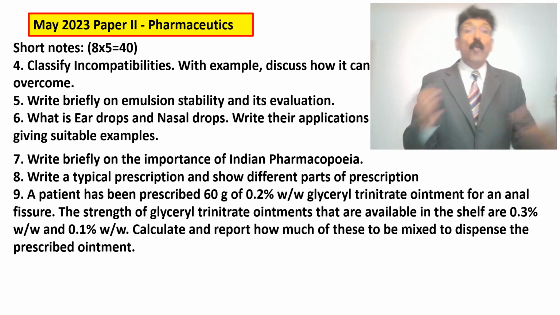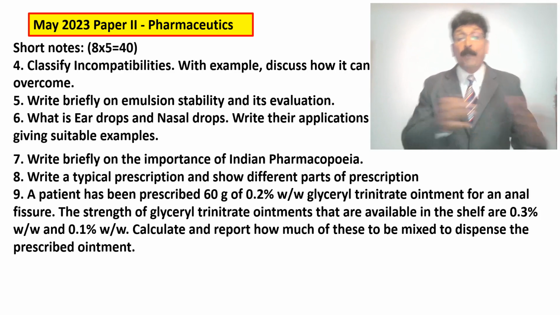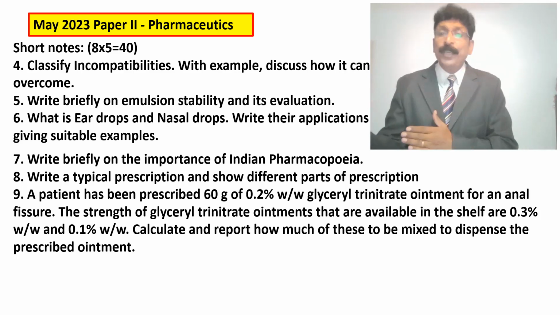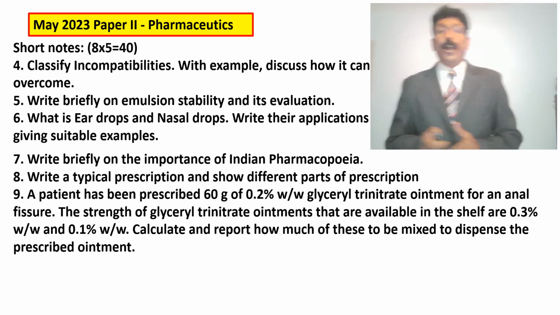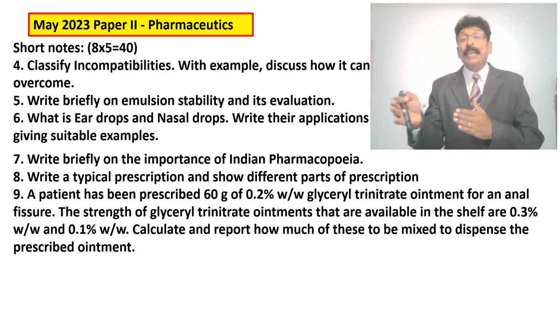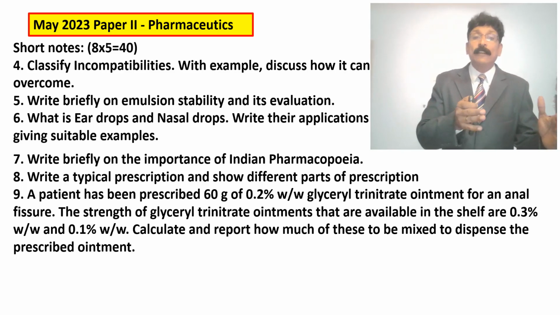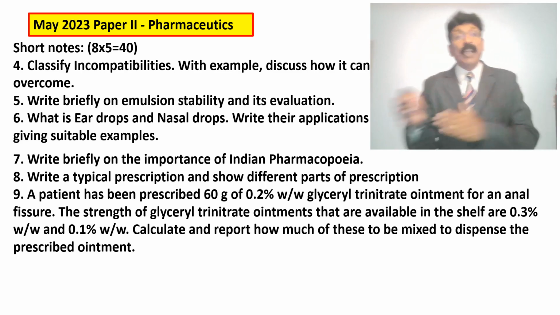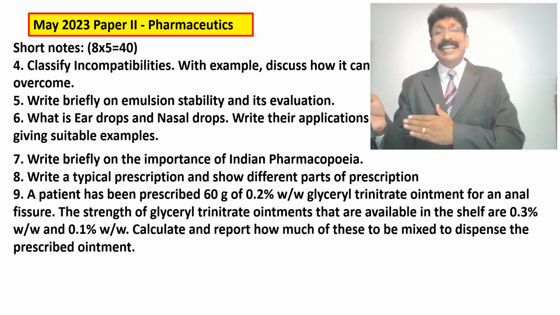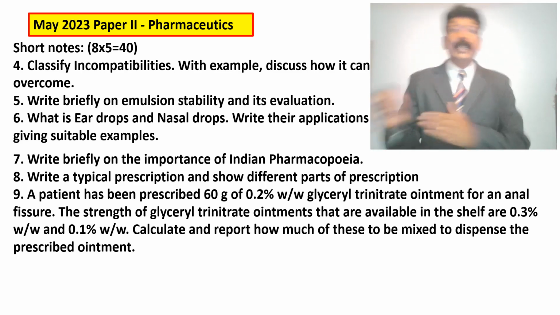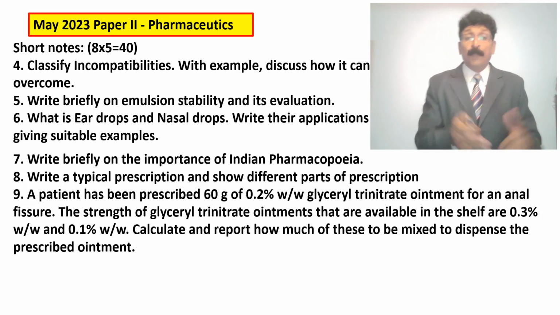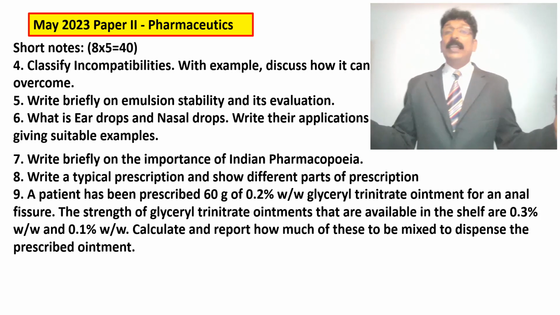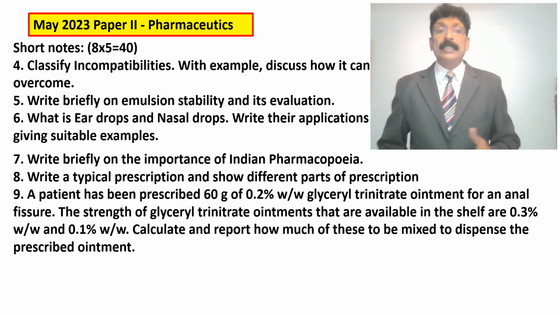So you have to calculate and report how much of these should be mixed to dispense the prescribed ointment. You need the percentage values and the amount of glyceryl trinitrate needed in the 60 grams of total ointment preparation to be calculated, and you should write the answer.